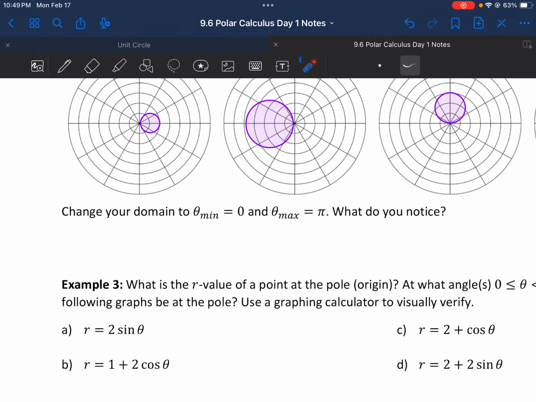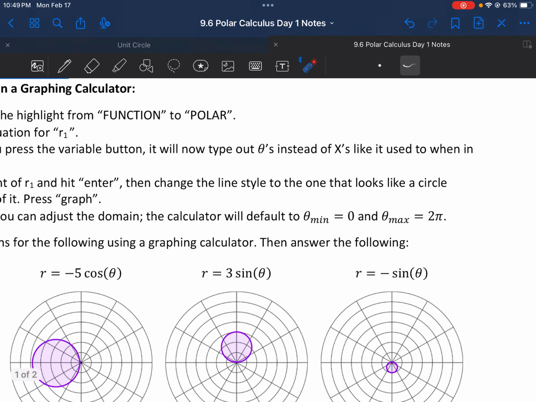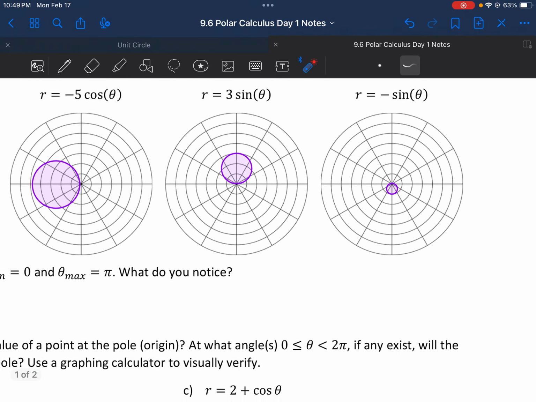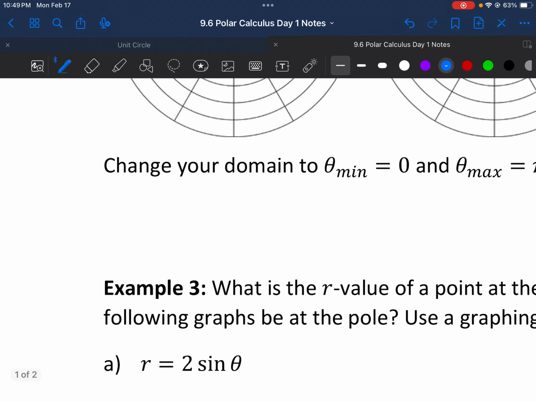If you leave it like this, with the minimum 0 and the maximum 2 pi, what you should have noticed, so I'm going to write this down: if theta min is 0 and theta max was 2 pi, you should have noticed that it traced the circle twice.